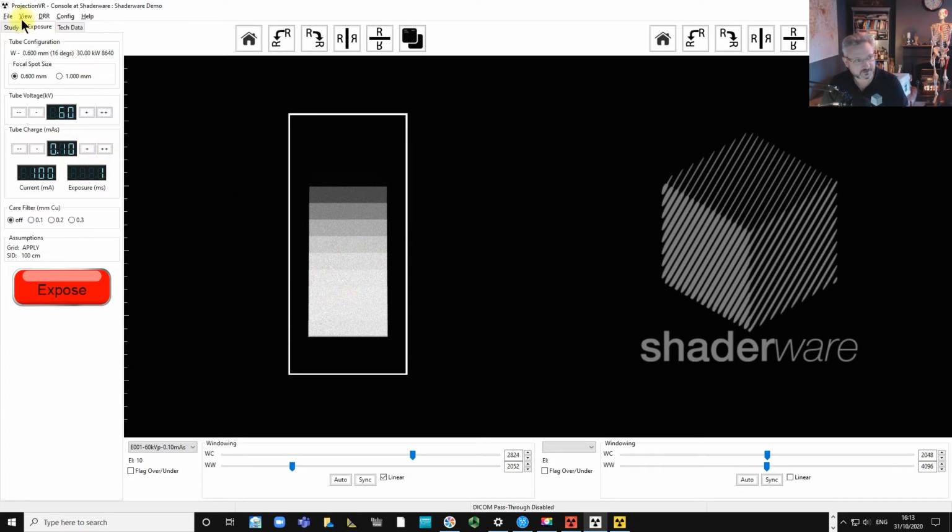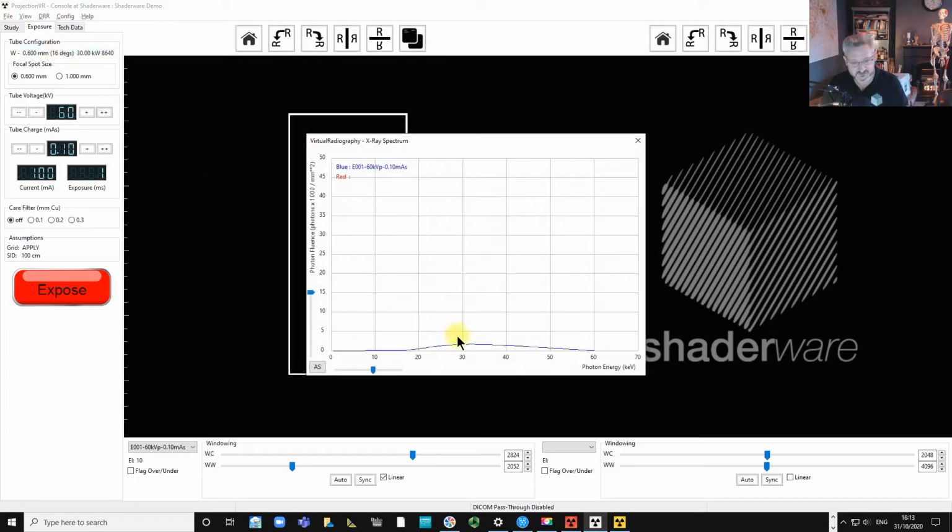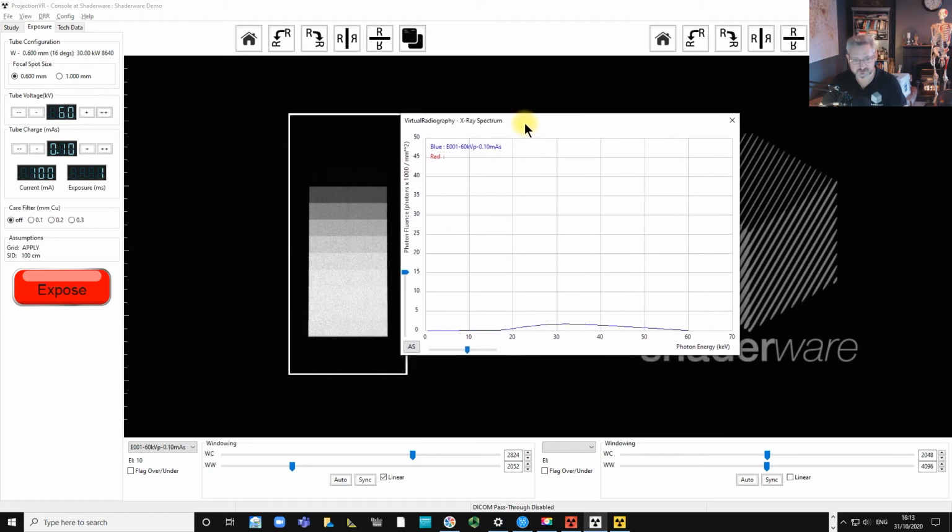If we actually view the X-ray spectrum, we can see it's a very, very small amount of energy underneath this. The axis is actually at its maximum here, and we've hardly got any radiation generated because we only charged the tube up to 0.1 mAs. So very few electrons made the journey. So it's almost a miracle we got any image at all.